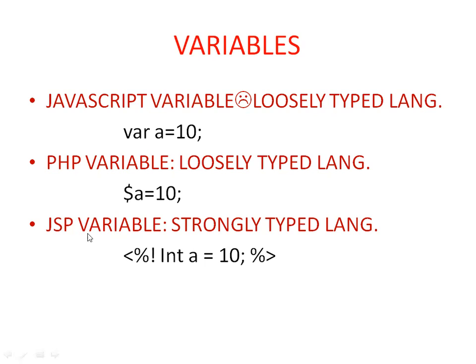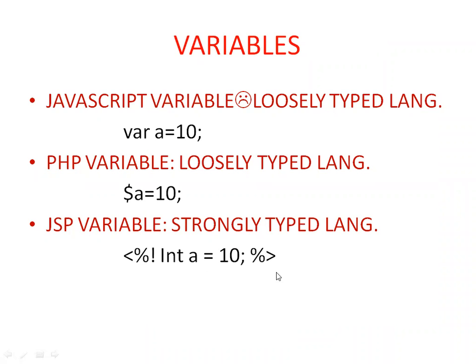Here JSP is a strongly typed language. What is a strongly typed language? Here we have to specify the data type for the variable. A JSP variable declaration starts with less than percentage exclamation symbol, followed by the JSP variable declaration, ending with a semicolon, and the JSP variable structure should end with percentage and greater than symbol.